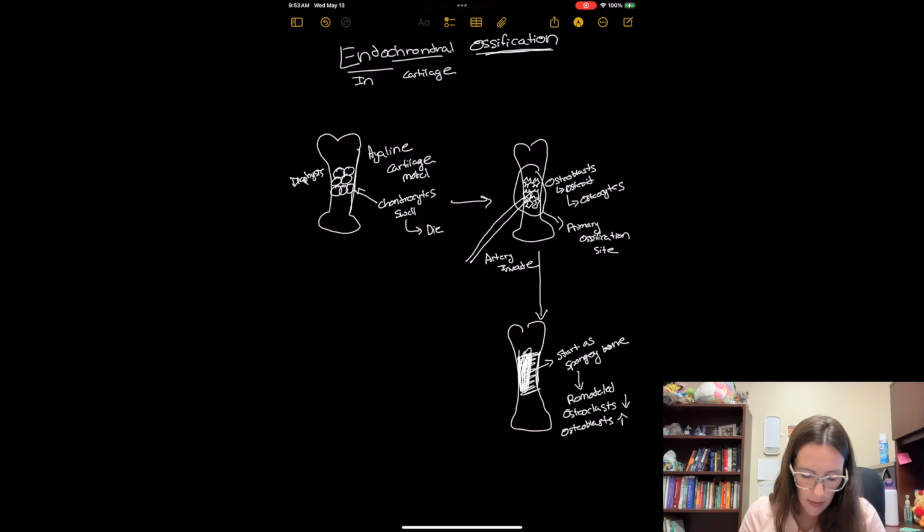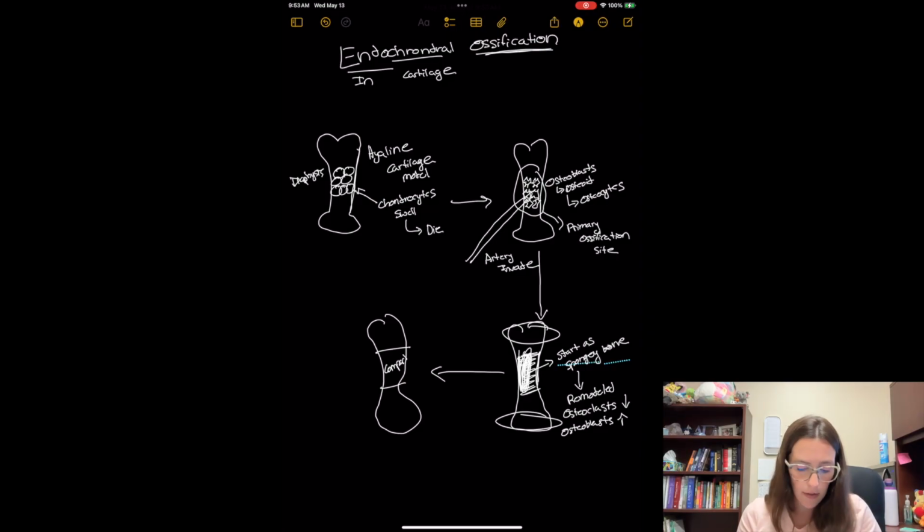Okay. What happens next, right, is we have to worry about these end pieces here, right? So if I'm looking at my bone, I've made my compact bone. And now we're going to start creating this. We're going to have the same process here in the ends of the bone, or the epiphysis.